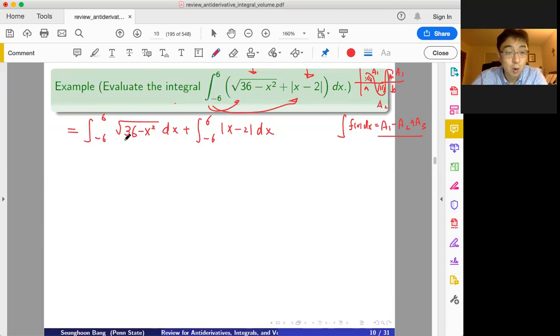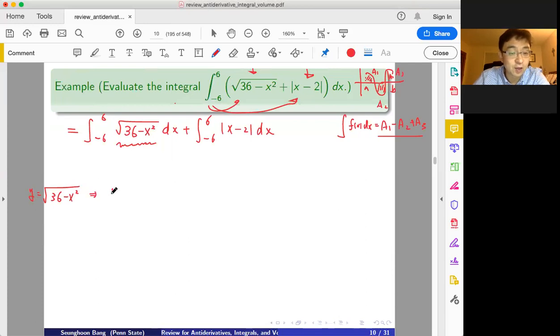Do you know what the graph of the square root of 36 minus x squared is? The graph is like this. We don't know the exact graph, so you can use this idea. y equals this function, the square root of 36 minus x squared.